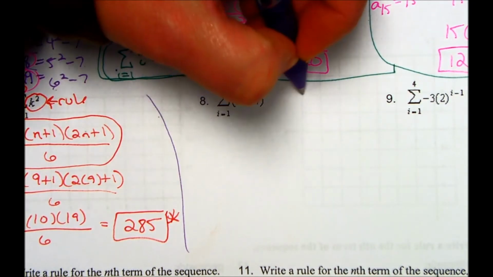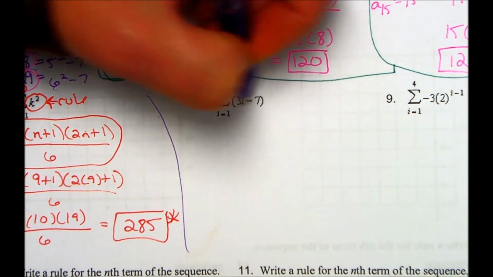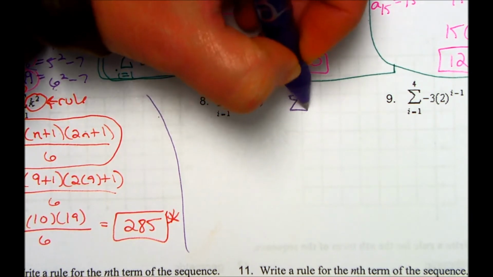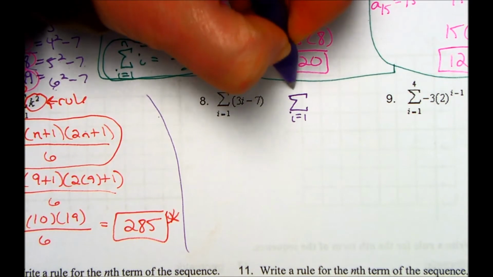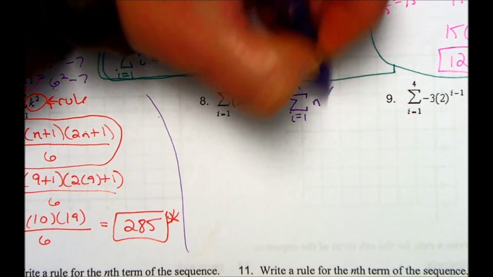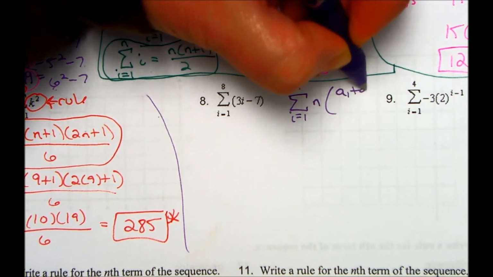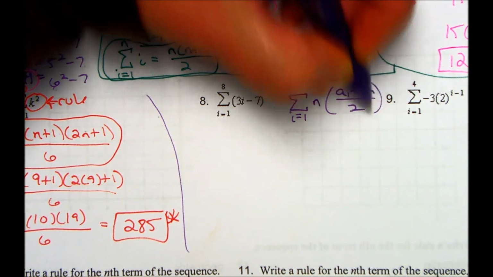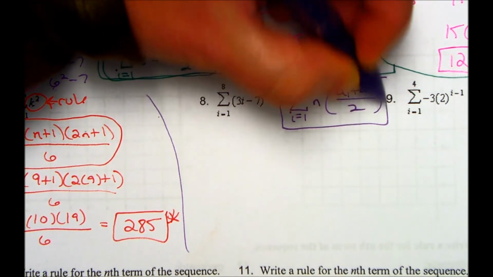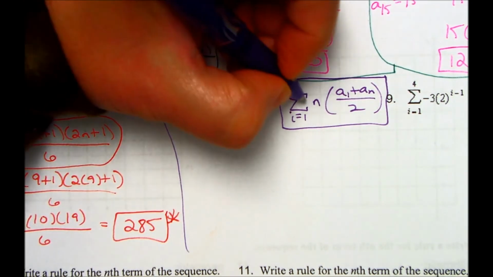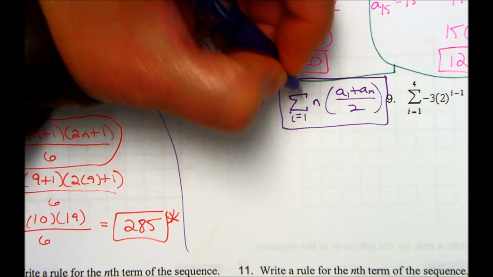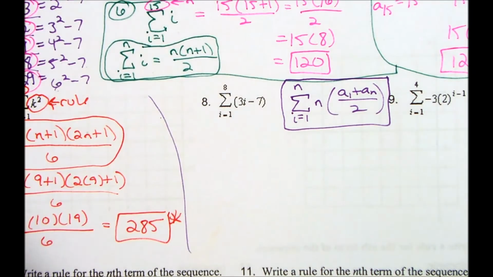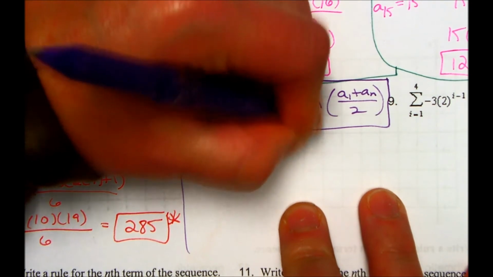So again, our formula, I'm just going to put it over here. The sum of i equaling 1 to n times a1 plus an divided by 2. So this is the formula that we're using. Oh, I didn't mean to, it doesn't look like this.